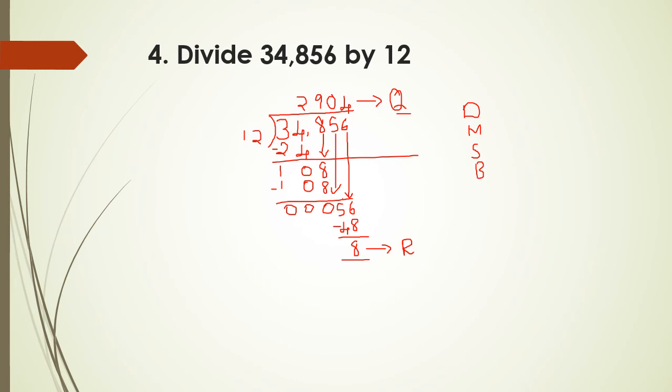Now next step you have to subtract. 4 minus 4, 0. 3 minus 2, 1. Now we got 10. You can't divide 10 by 12. So you have to take the next digit 8. Now you will get 108. Then 12 times 9 is 108.